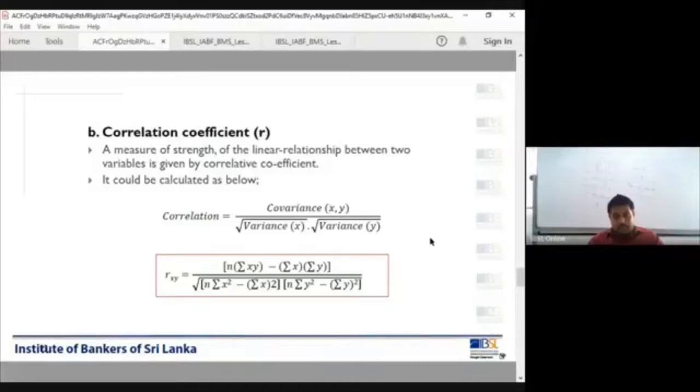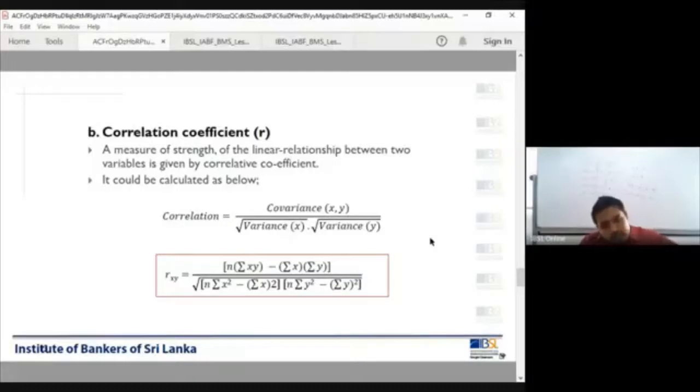You can eyeball and say, okay, it seems to be a perfectly positive one, or seems to be a weaker one, but you need to have an indicator to tell how precisely your relationship is either strong, moderate, or weak. Having said that, let's look into the definition of the correlation coefficient.